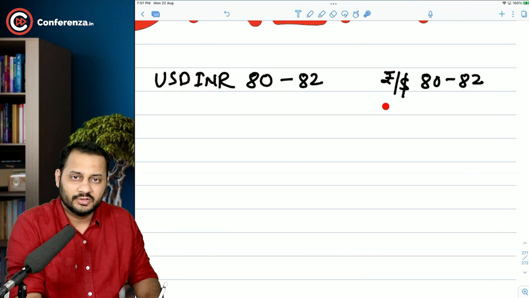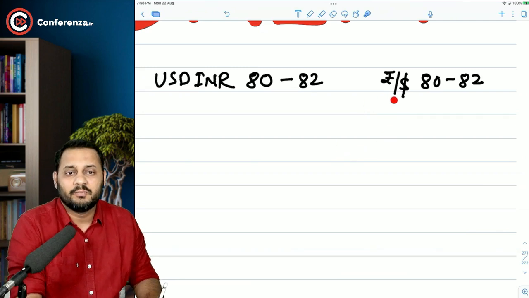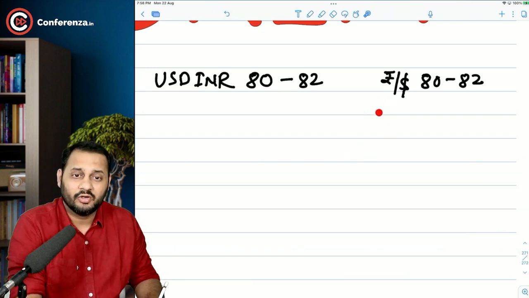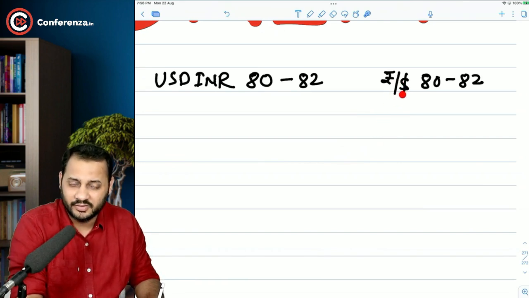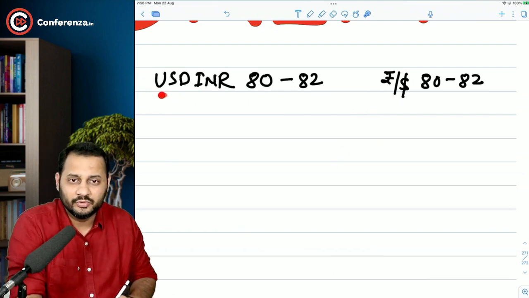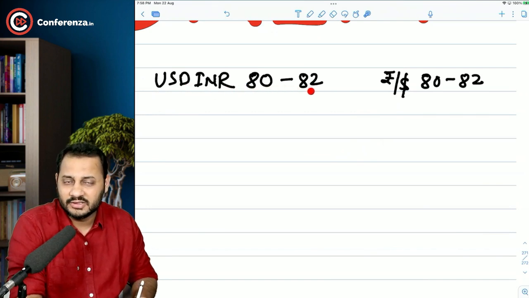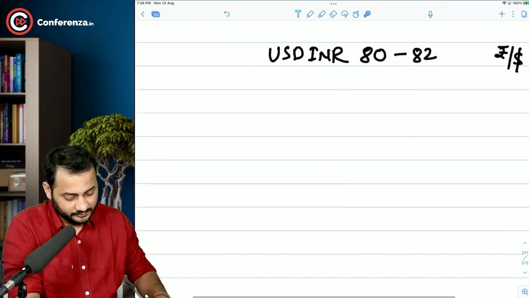International countries do not support this, but questions can be asked in this form, and a lot of questions in our syllabus use this quotation. So we will understand and learn about it, and then we'll forget it. The mostly or widely used form is USD INR 80, 82. There are 4 different terms in that which you need to understand first.